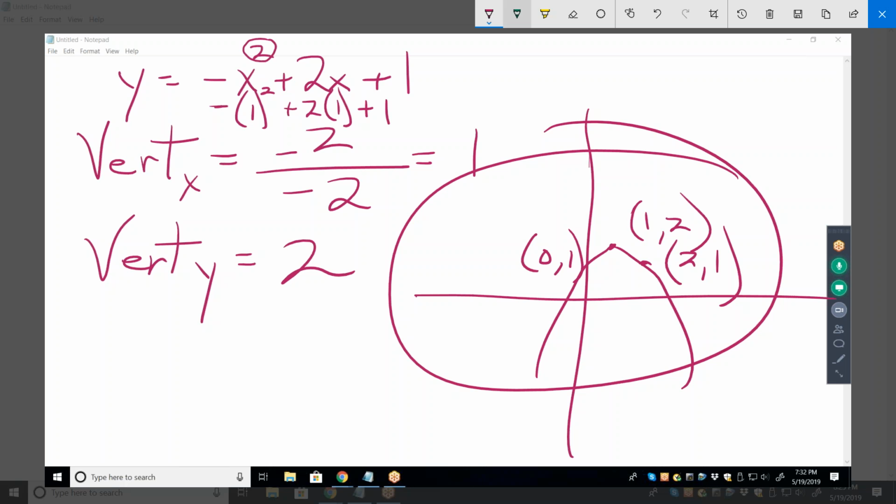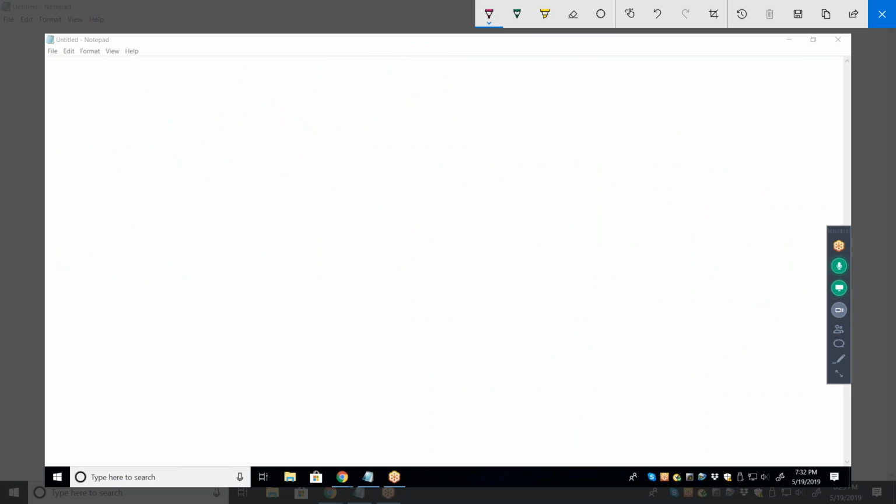And that's relatively easy, coming up with the x and the y coordinate of the vertex. And as long as it goes through the y-axis, you can always get the y-intercept pretty easily also. Yes, it always does go through the y-axis. There's no way to draw a parabola without it crossing the y-axis. So this method here actually works quite nicely. What it doesn't always do is cross the x-axis.